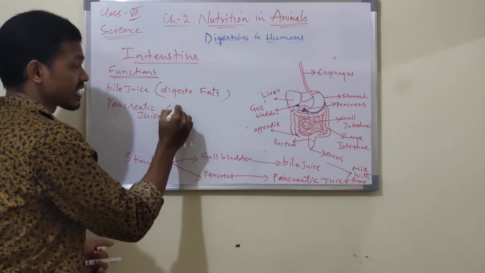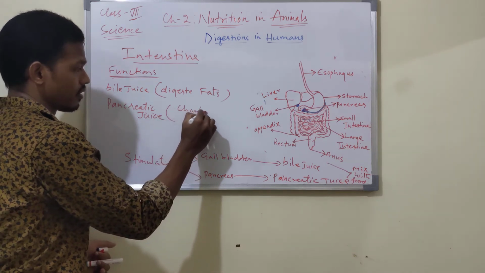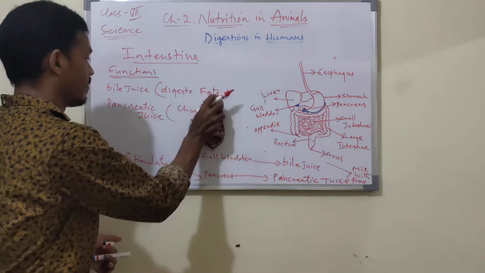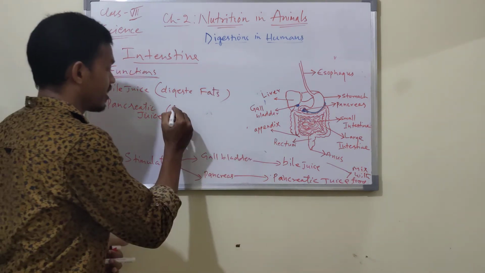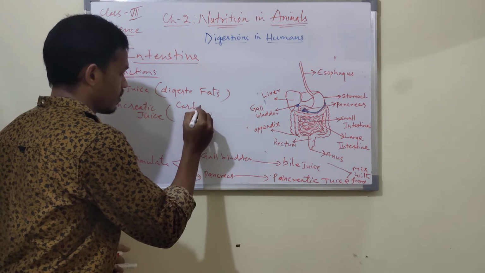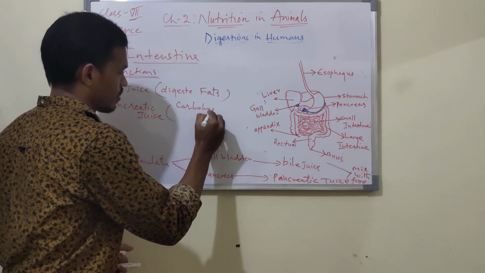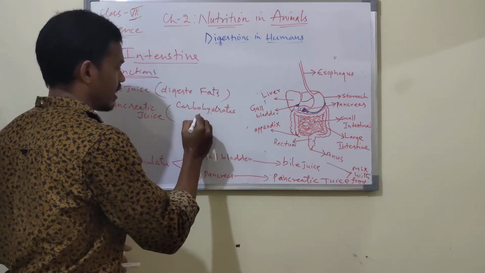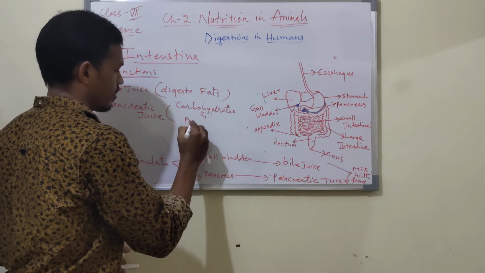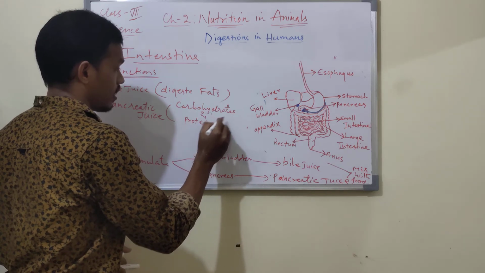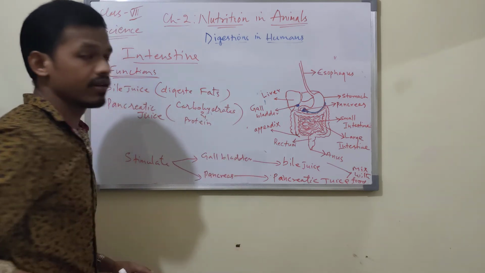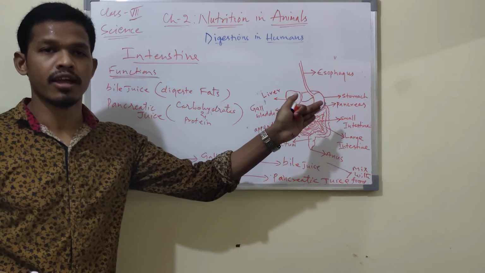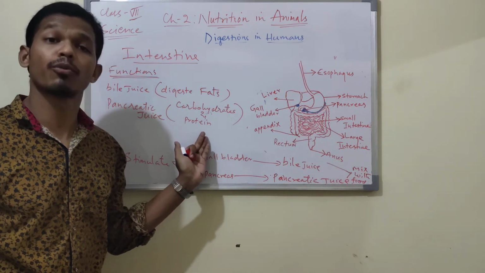It will help in the digestion of carbohydrates and protein. I told you, protein is not completely digested in the stomach. Partial digestion of protein takes place in the stomach, and then afterwards it is completely digested in the small intestine.